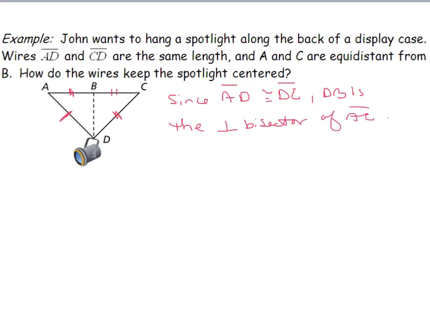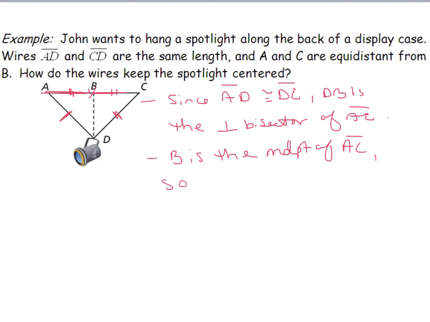Okay, so since those are congruent, you should know that DB is the perpendicular bisector of AC. All right? We also know that B is the midpoint of AC, right? We know that because these two lengths are congruent here.